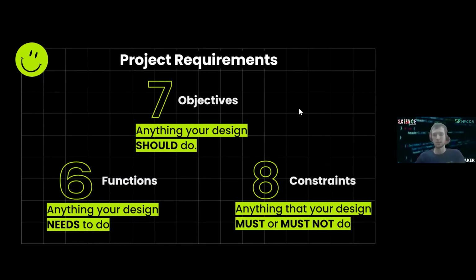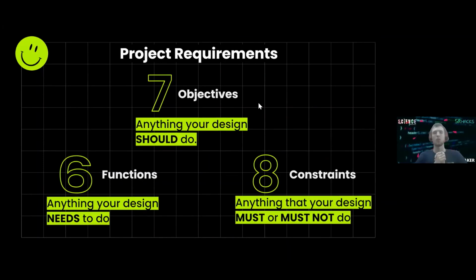Objectives: anything the design should do. These are where you have a lot of creative freedom. This is where you decide the difference between a minivan or a regular car with four seats versus a big six or eight seat car or even a limo.